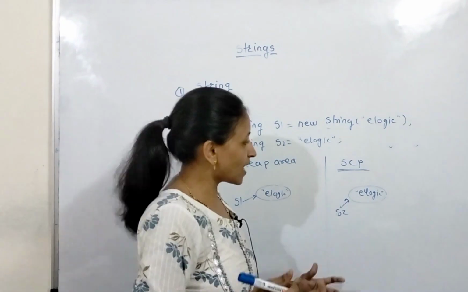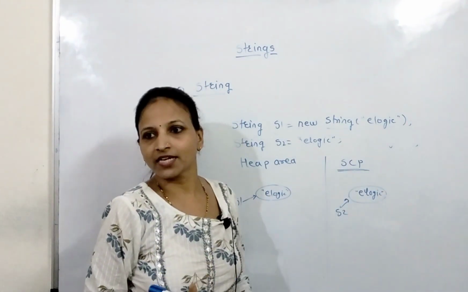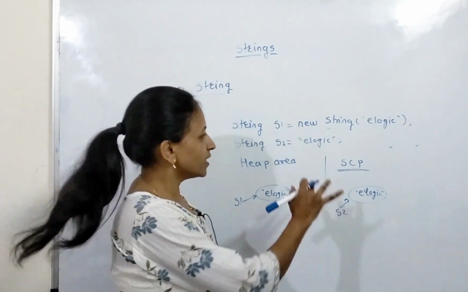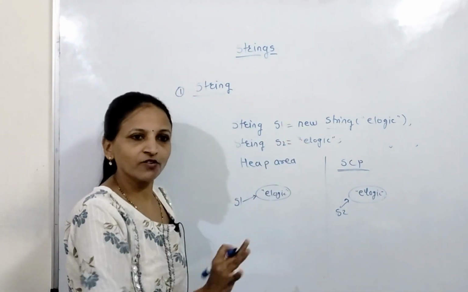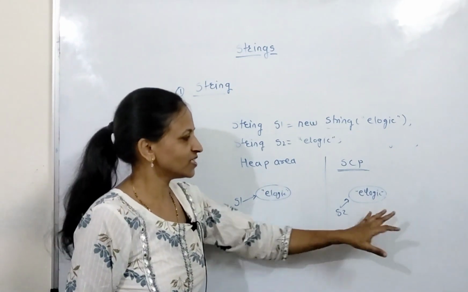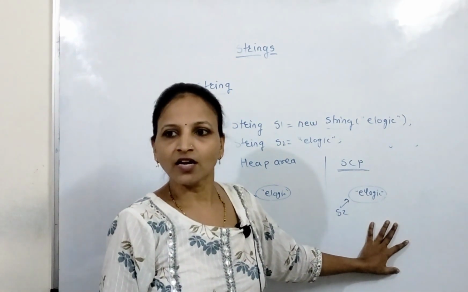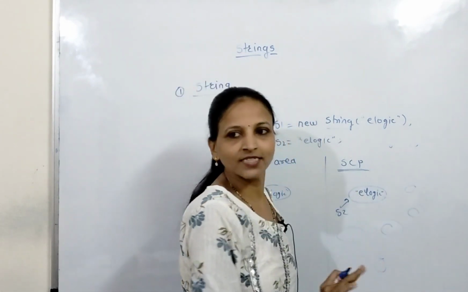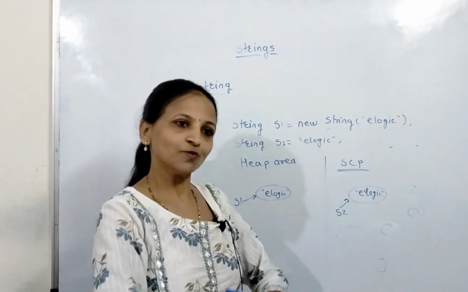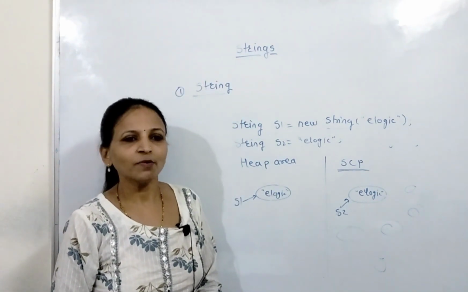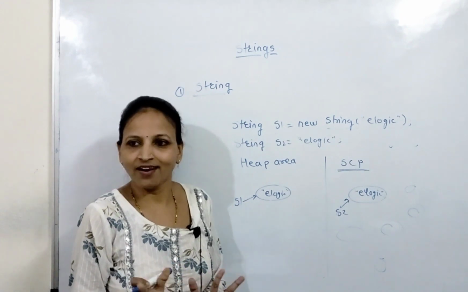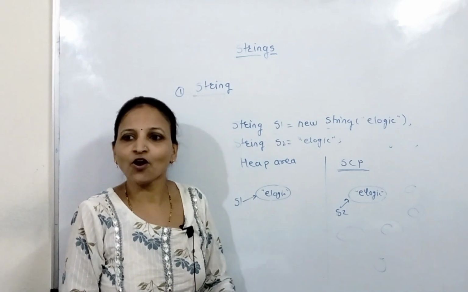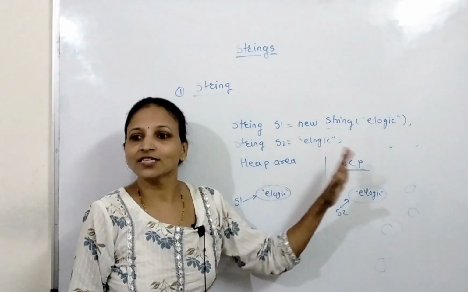Now see, the garbage collector will not consider this area. That is why if we create too many string objects in either way, the memory allocation will be done here. If we create in this way, more objects will get created in this area and it may consume a lot of space and there may be a problem of memory full, because the garbage collector will not delete or free these references.